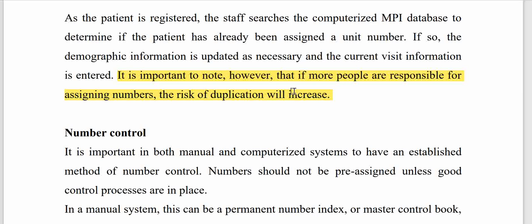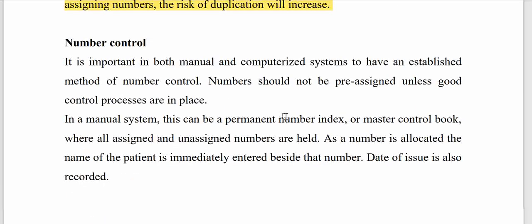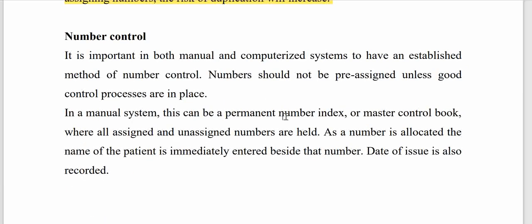So you can use that number again and take it back to a number control register, where the indication would be that this number can now be given to another patient, because the previous record has already been destroyed. So in a manual system, you can actually use a permanent number index, which is kept, and that should be there in order to help you monitor the names of the patients that you are entering onto your system.